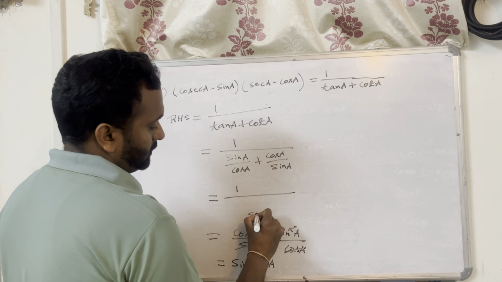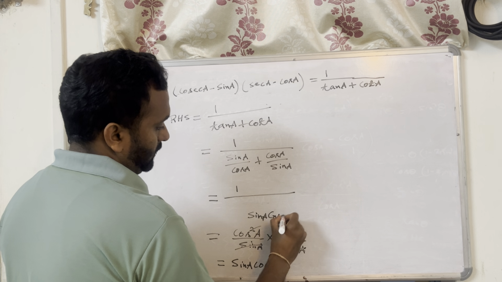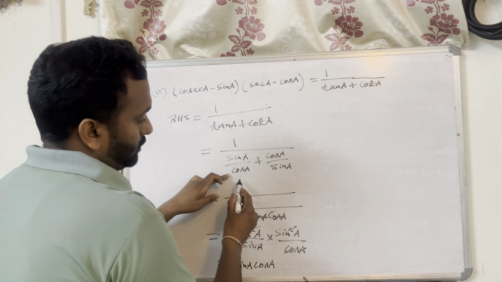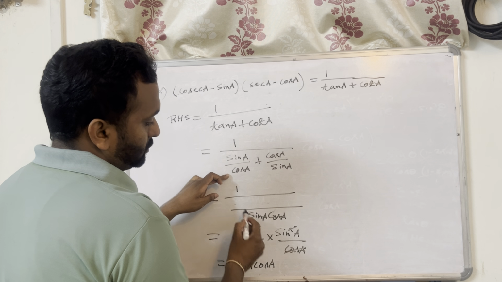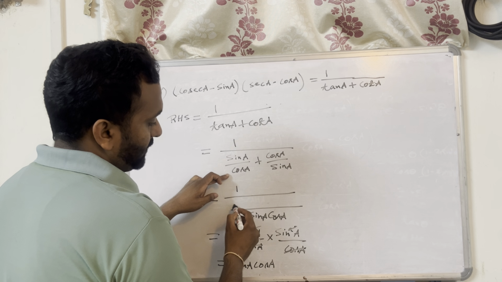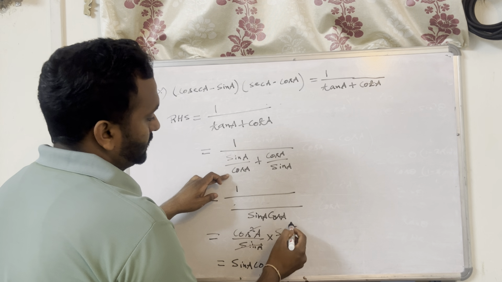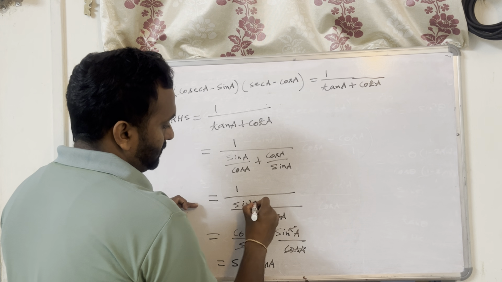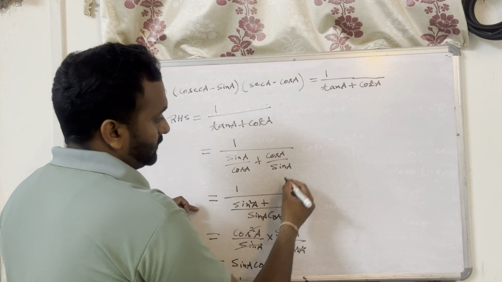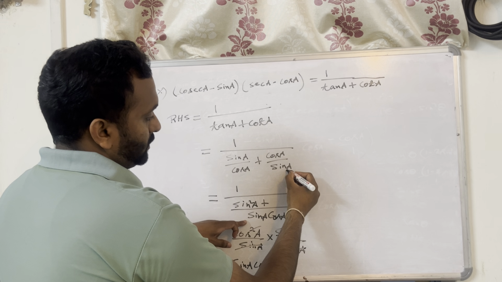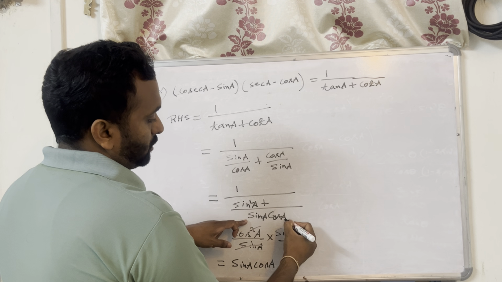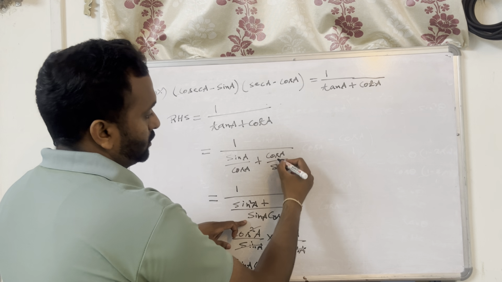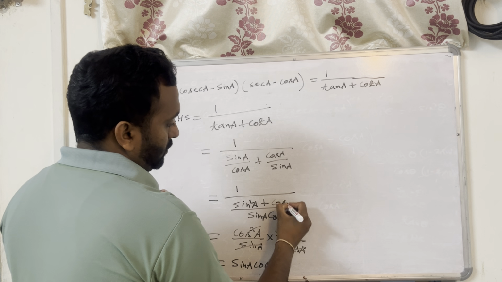So it will be sin A cos A, and here since we have cos here, cos should be multiplied with sin A to get sin A cos A, yes or no? So the numerator will get multiplied with sin, so it will be sin square A. And similarly, since we have sin here, sin should be multiplied with cos to get sin A cos A. So cos into cos will give you cos square A.